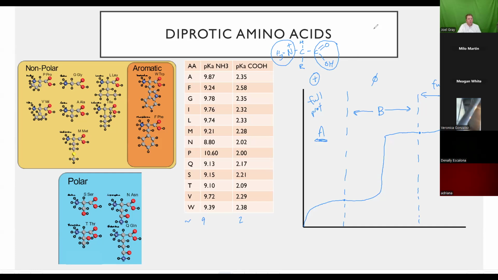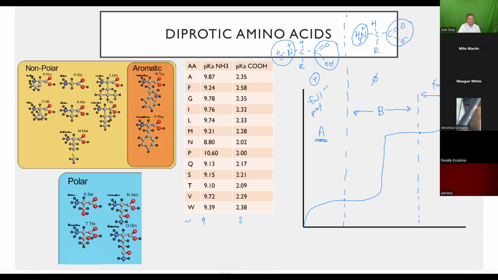Now the predominant form in range B is going to look like this. I'll continue with dashed lines up here. H3N plus, C, O minus, and R. Okay, so now my carboxylic acid is deprotonated but my amino group remains protonated.